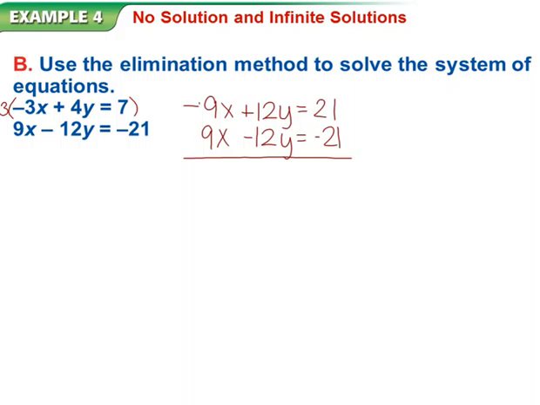All right, so now the x is canceled out, the y is canceled out, and the other side canceled out. So we really have 0 equals 0. And this is a true statement. If it is a true statement, it is infinite solutions.